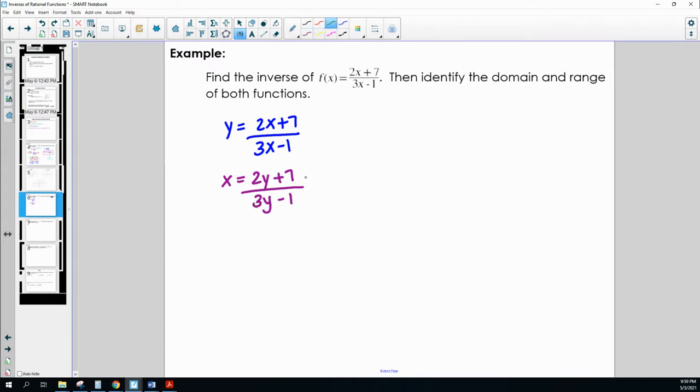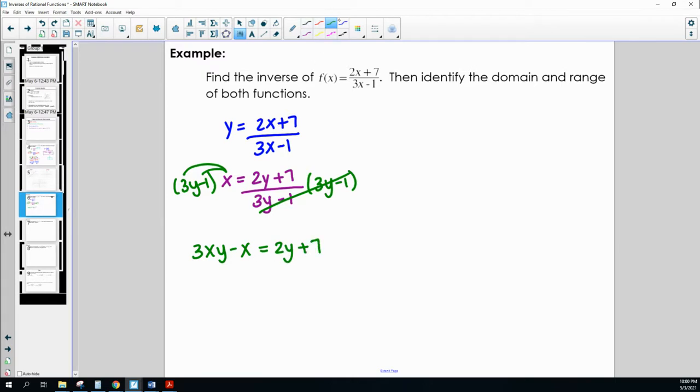We want to get rid of the denominator, so we're going to multiply both sides by 3y minus 1. So these will cancel out. We're going to distribute the x.